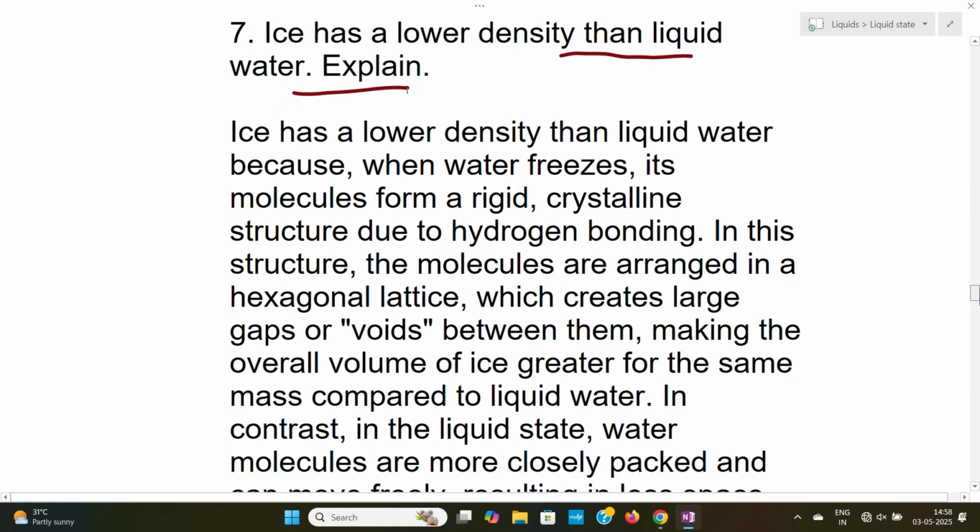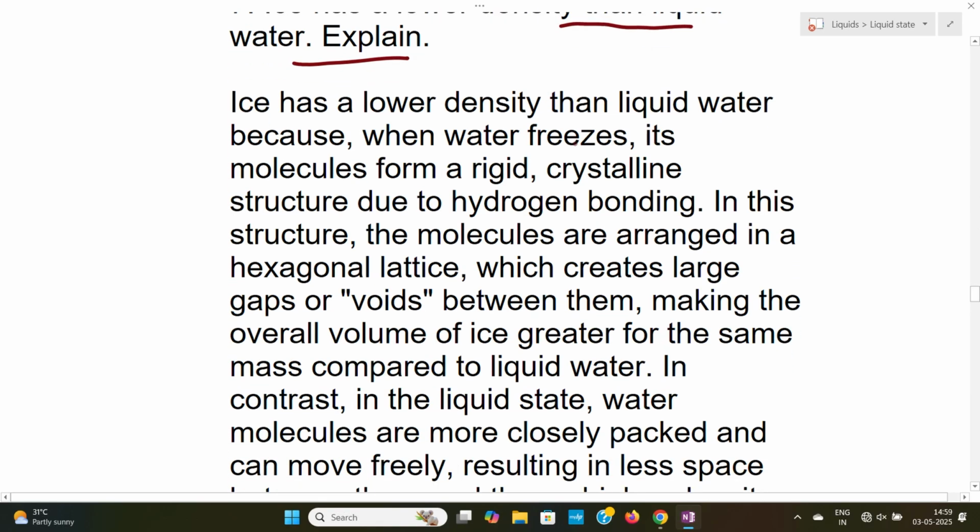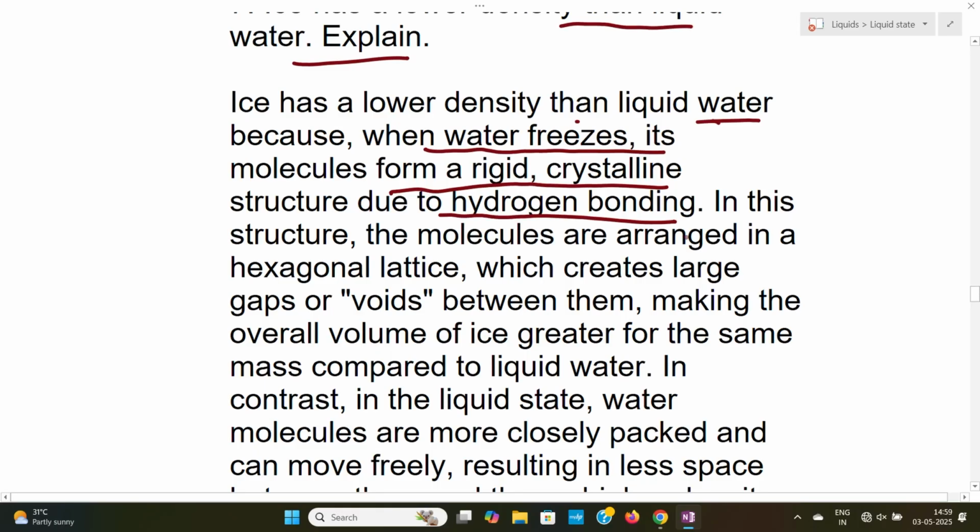The answer is, ice has a lower density than liquid water because when water freezes, its molecules form a rigid crystalline structure due to hydrogen bonding. In this structure, the molecules are arranged in a hexagonal lattice.